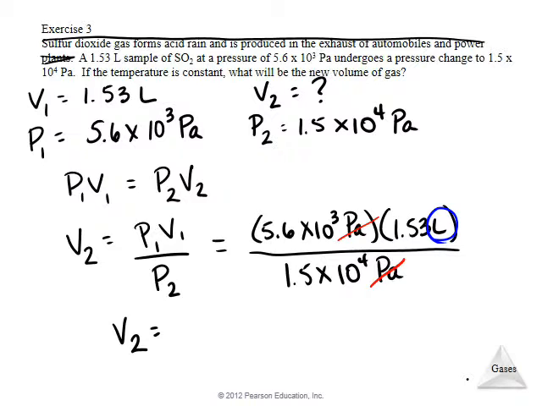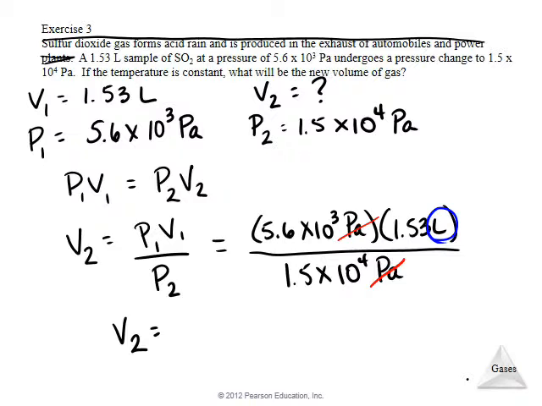Okay, so when you do the math for this, we get V2 is equal to 5.6 times 10 to the third times 1.53 divided by 1.5 times 10 to the fourth, and I get another error. I don't know what it is I'm doing while I'm working these problems with you guys. There we go. I get 0.5712 liters. Okay, well, look at your significant figures.